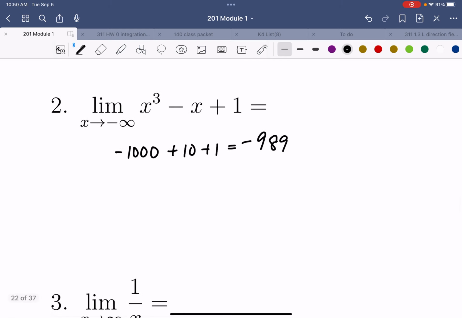Right, so large. And then if you go to plug in negative 100, that's going to give us negative 1 with 6 zeros plus 100 plus 1. And you can see how that's going to get really negatively large quickly. So this one's going to head to negative infinity.